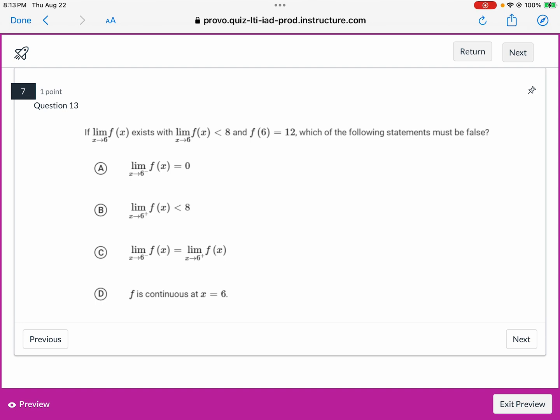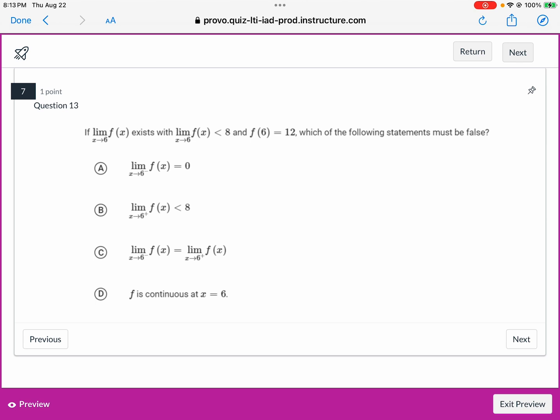And 0 is less than 8, so it could be A. We're not saying that it is 0, but it could be 0 according to what we're given, okay? The limit as x approaches 6 from the right of f of x is less than 8. Well, yes, because the limit exists and the limit is less than that.